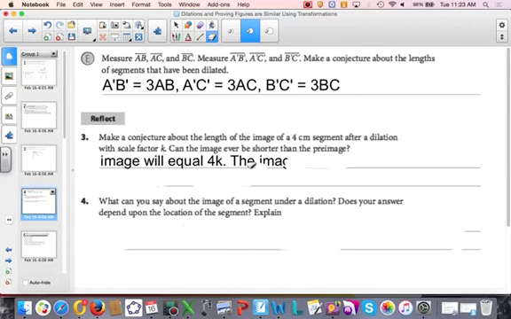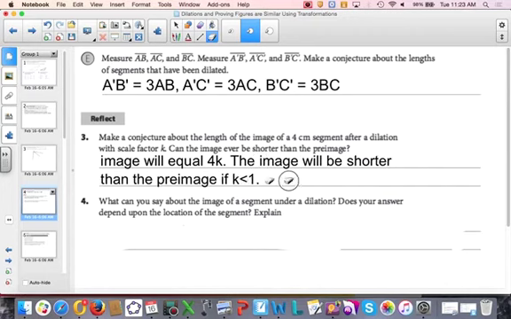So the image would equal 4k. The second part of the question is, can the image ever be shorter than the pre-image? And it can be. The image would be shorter if k was less than 1. So for instance, if my scale factor was 1/2, then the image would be half as long as the pre-image.